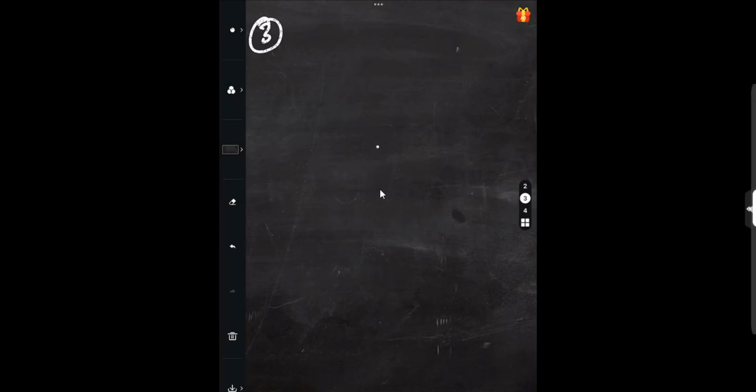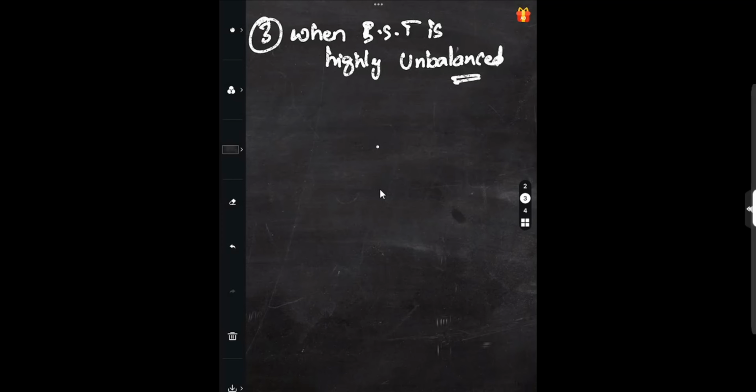Let's move on with the third edge case, when the BST is highly unbalanced, right? Let's consider this example. Let me give 2 and 1. In this case, P let me consider 2, Q let me consider 1. So the output will be 2.